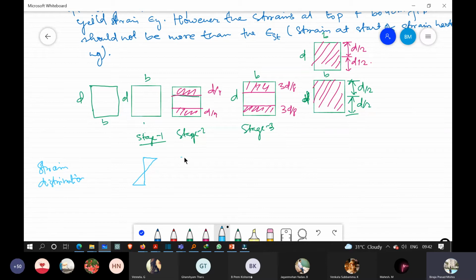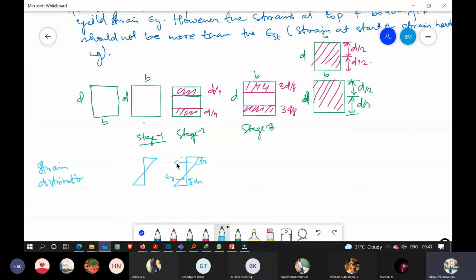For stage 2 it will be similar, but here it will be half of this depth, so it is D by 2, it is also D by 2, so the total depth is D by 4. So here at this point we will have the epsilon y.